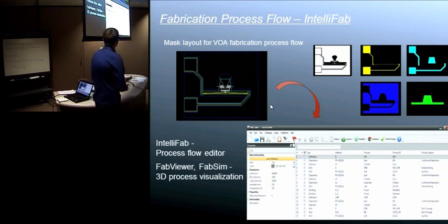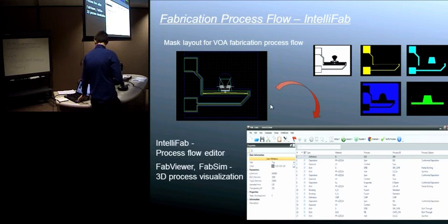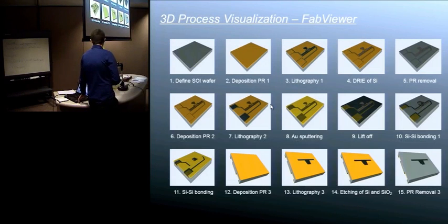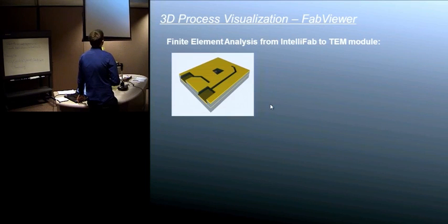Using this IntelliFab file, we can go either to FabViewer or directly to TEM. When we view it with FabViewer, we'll get a representation of each process step. And we also have the option of going directly to TEM.